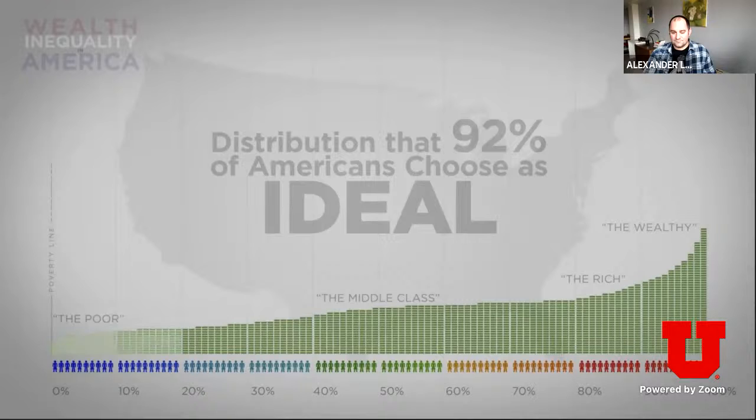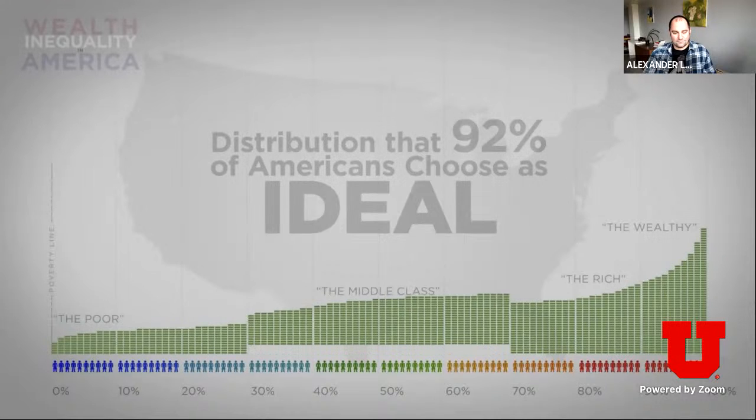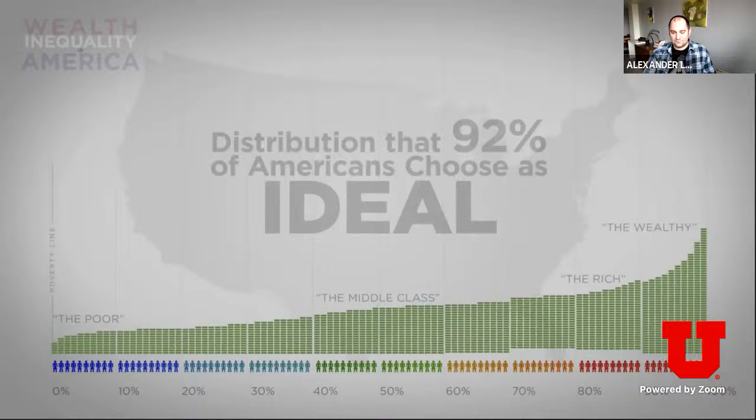But hey, even the poor folks aren't actually poor, since the poverty line has stayed almost entirely off the chart. We have a super healthy middle class with a smooth transition into wealth. And yes, Republicans and Democrats alike chose this curve. 9 out of 10 people, 92%, said this was a nice, ideal distribution of America's wealth.